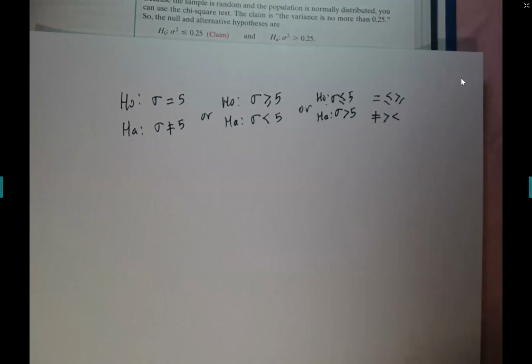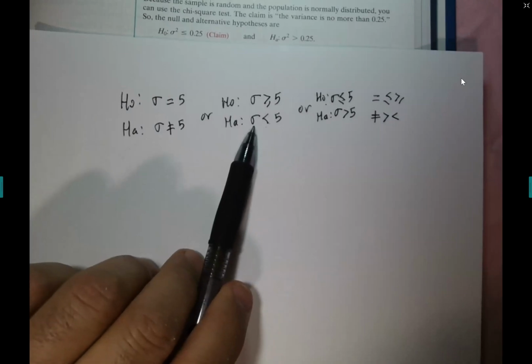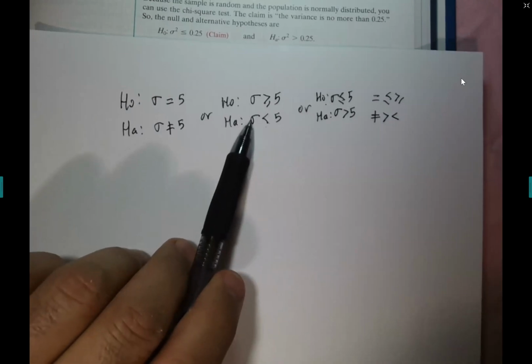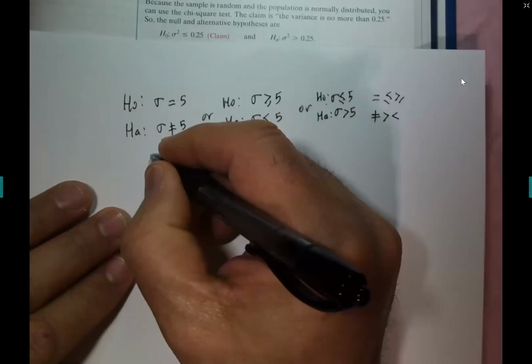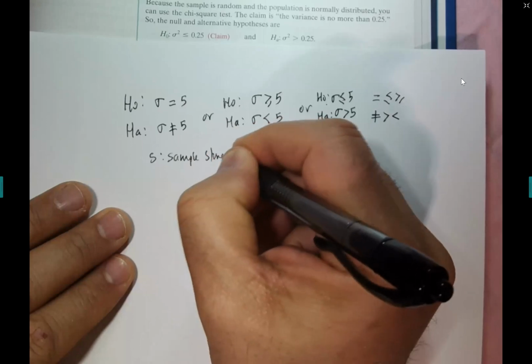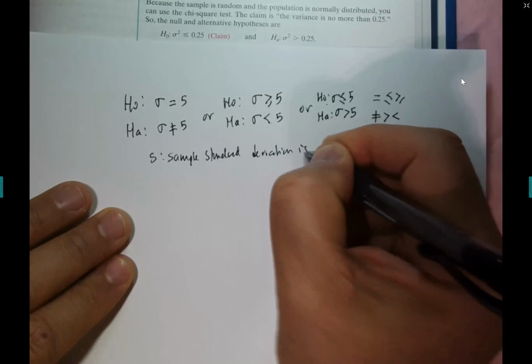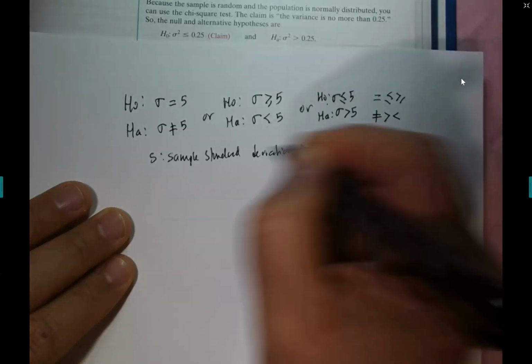Now, if he asks you to give me an estimate of the standard deviation, usually the sample standard deviation is called the point estimate of the population standard deviation. S, which is the sample standard deviation, is called the point estimate of the population standard deviation.